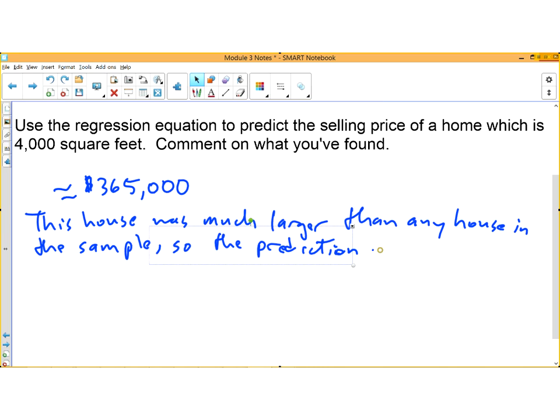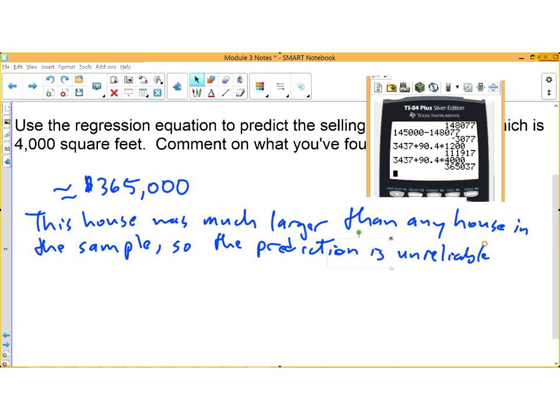What this means is the prediction is not reliable. So the prediction is unreliable.